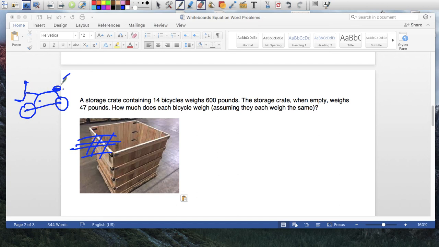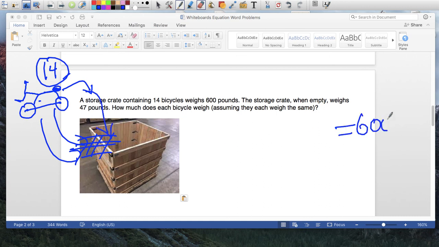There's your seat, right? So we have bicycles in here. 14 bicycles you can put in here. So it says that all those bicycles inside the crate is 600 pounds. Pretty heavy. Now the crate, when it's empty, just the crate, is 47 pounds.